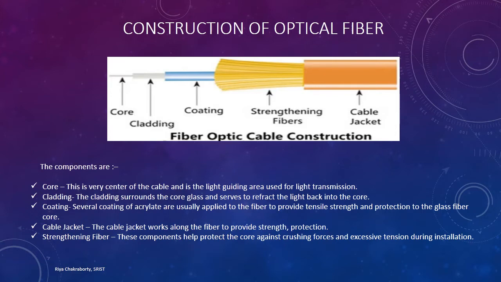Next one, cable jacket. The cable jacket works along with the fiber to provide strength and protection. The jacket should be appropriate for the environmental conditions that the fiber optic cable will be subjected to.